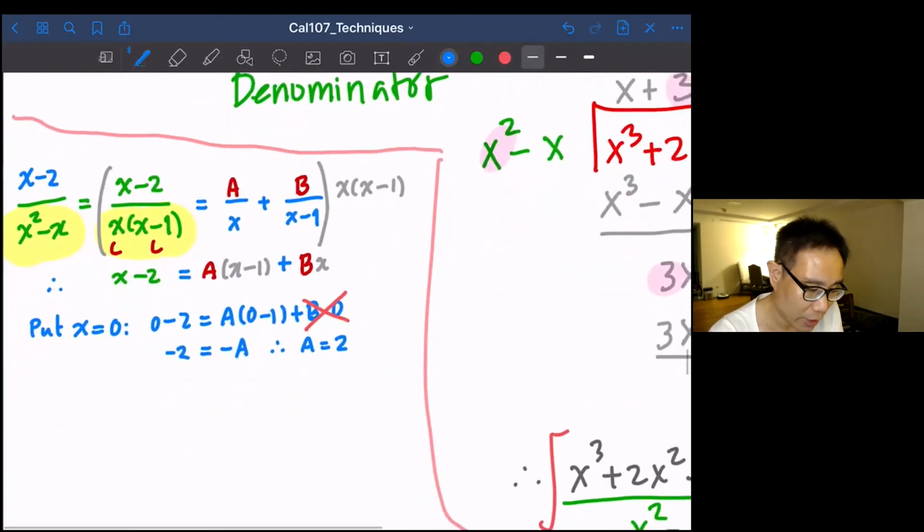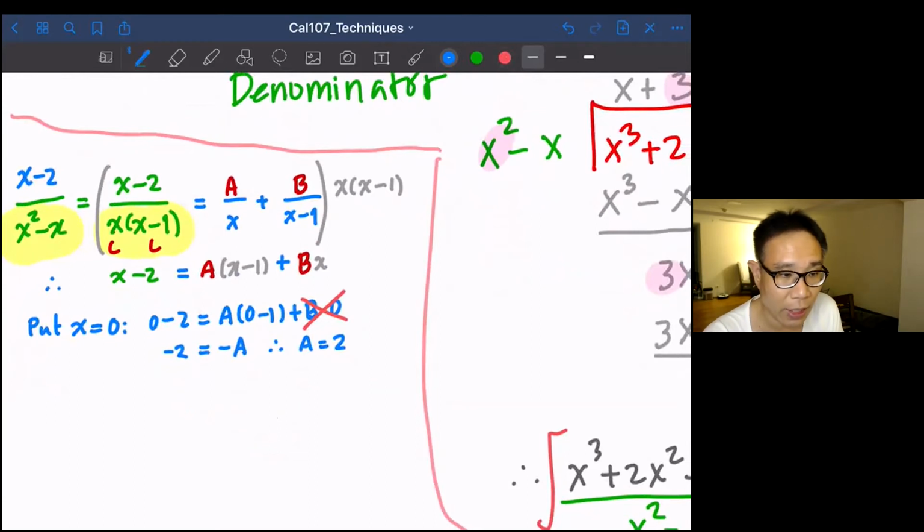The next thing is to solve for b. In order to solve for b, if you'd like to eliminate a, you're going to put x equal to 1. If you put x equal to 1, you'll be able to get rid of a.